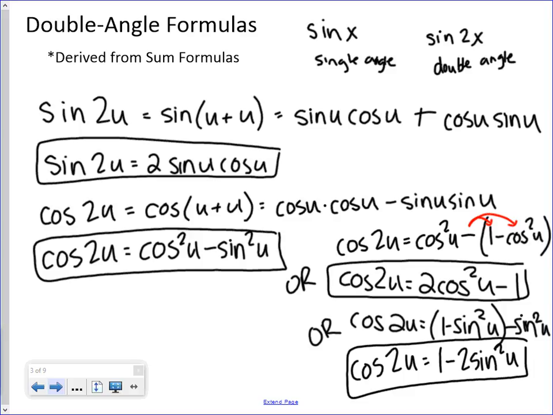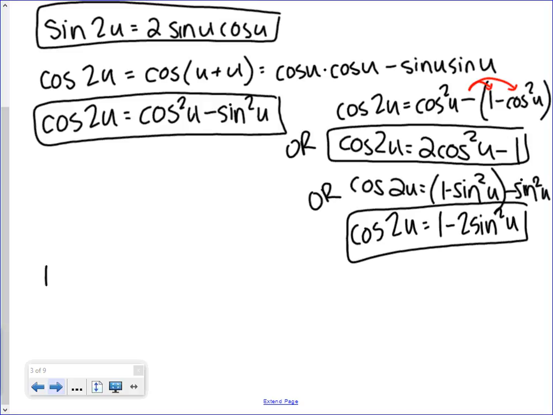Okay, so we have one more to go, tangent 2u. Tangent 2u will be tangent of u plus u. And then just like our warm-up, we're going to plug into the tangent formula for sum.